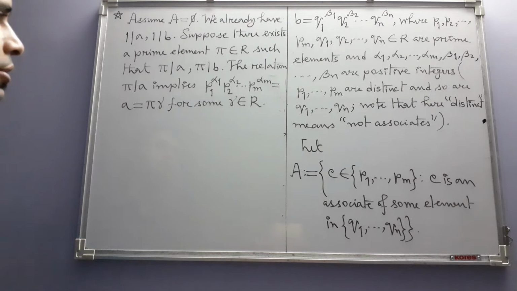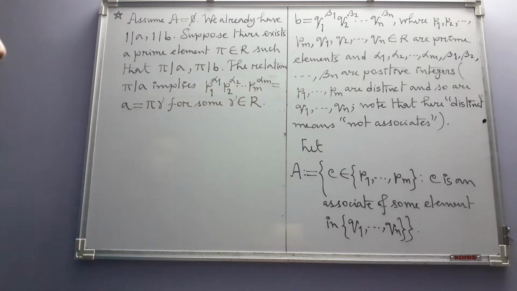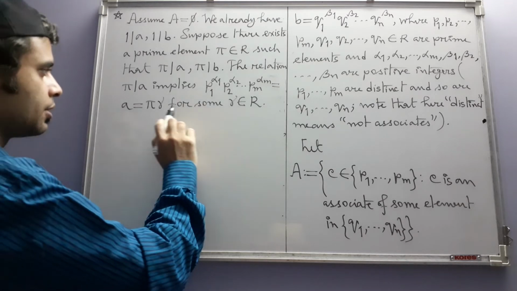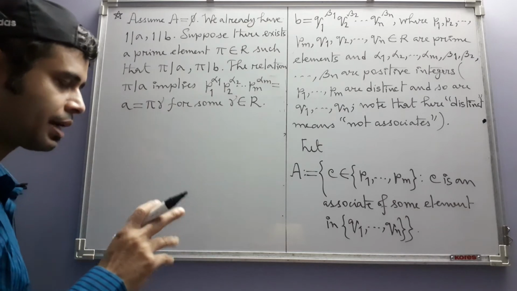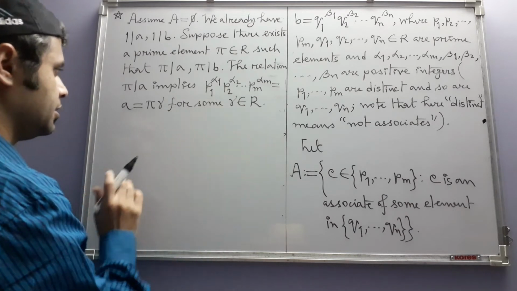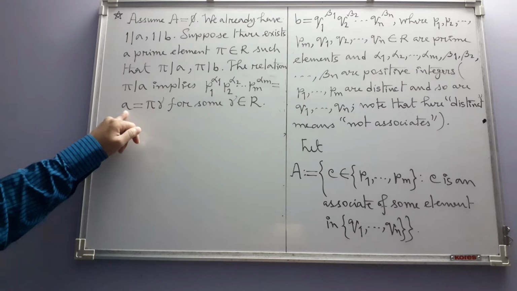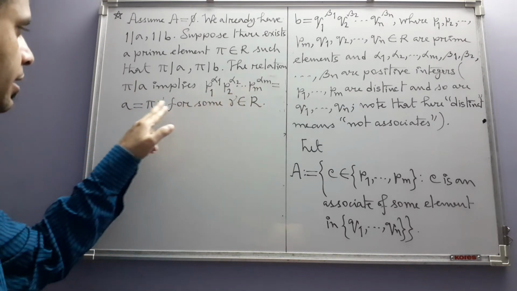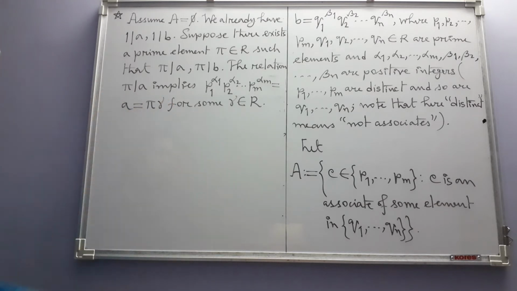Because these are all non-zero elements, so their product in a unique factorization domain cannot be equal to 0. So gamma cannot be 0. If gamma is non-zero, then gamma is either a unit or a non-unit. If gamma is a unit, fine, then we have two factorizations of a. One of them is this and the other is pi times gamma. Both are prime factorizations, keep that in mind.